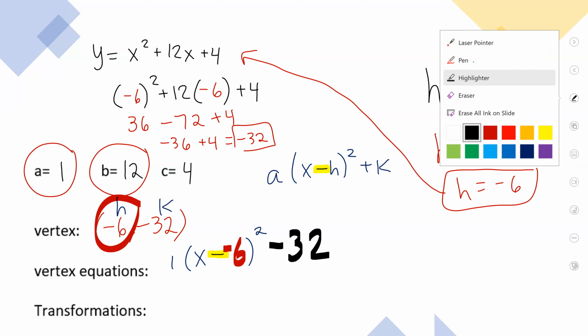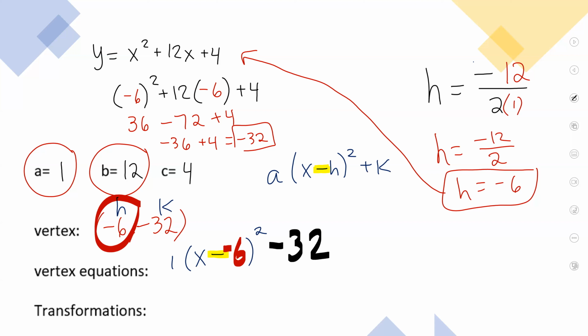All right. So let's simplify this. When I have two negatives next to each other, what do I put? A plus sign. So this can be written as x plus 6 squared minus 32. This is your final answer.